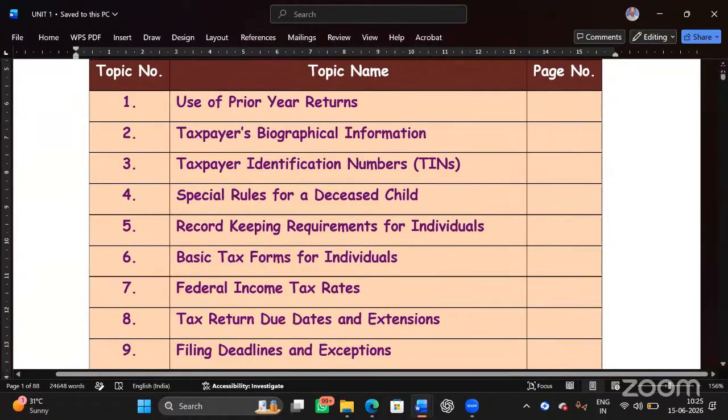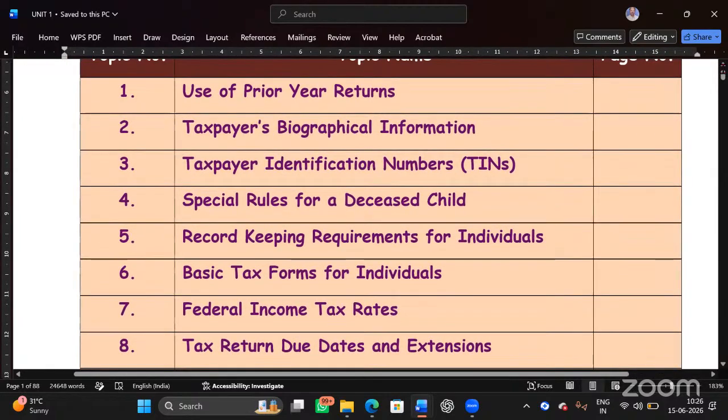That number is issued not by the Income Tax Department, that is a separate department. That Social Security number will be used by any department and every department, including the Income Tax Department. So, for identification of the taxpayer, this plays a vital role. The meaning of the Social Security number will be covered in this part clearly.